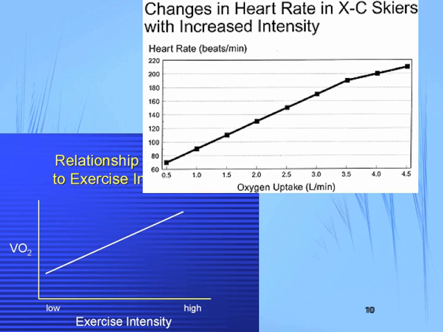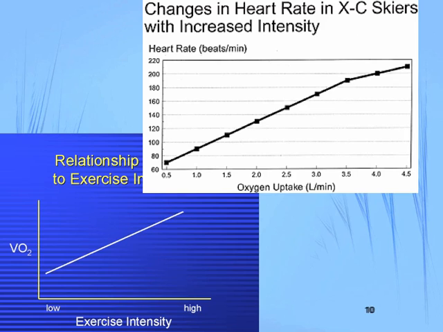So if we were to look at some relationships, we see that as we work harder, our oxygen uptake increases because we need more oxygen to fuel exercise, but also our heart rate increases. We would call this a linear increase, meaning that pretty much for every increase in oxygen uptake, we have an increase in heart rate.